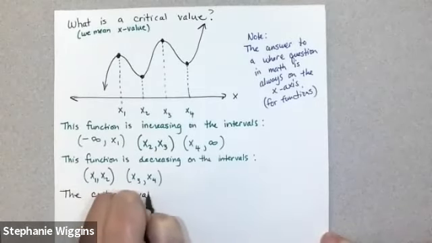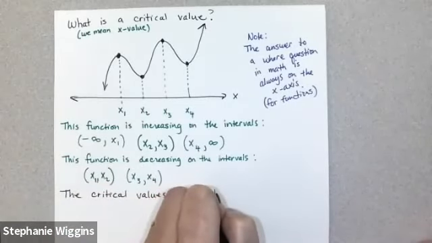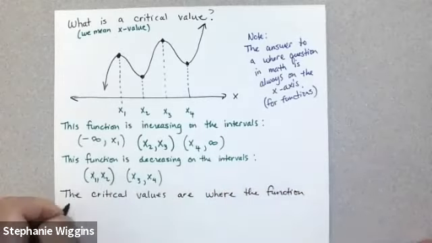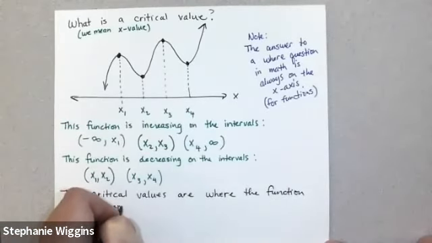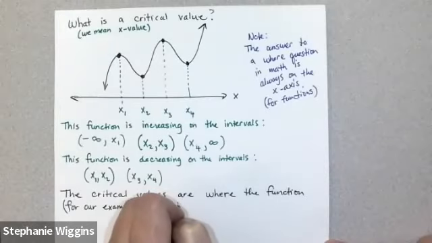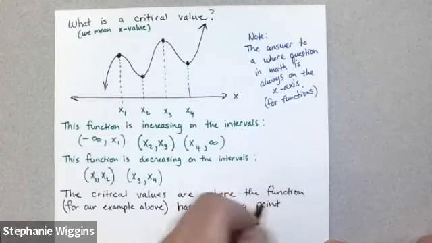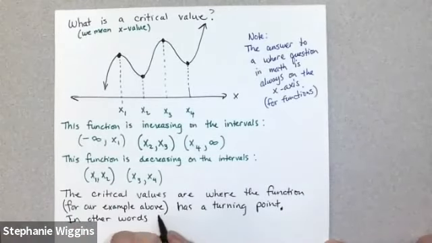the critical values are where the function, for our example, there are other critical values that I'll talk about later, but the critical values are where the function, for our example, has a turning point, in other words, the derivative is 0.